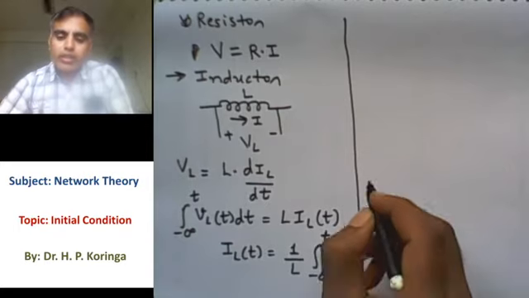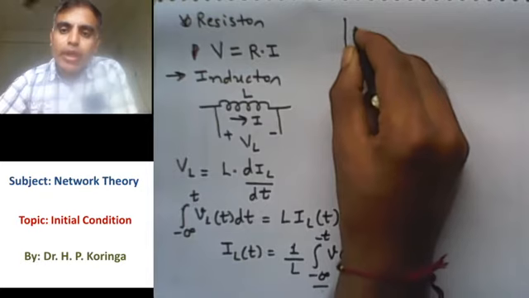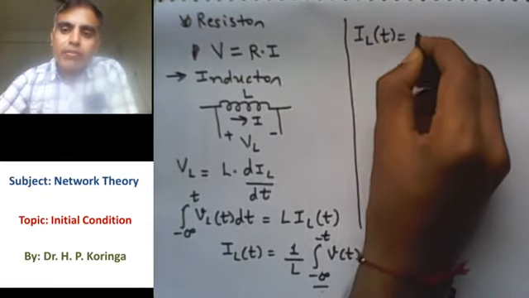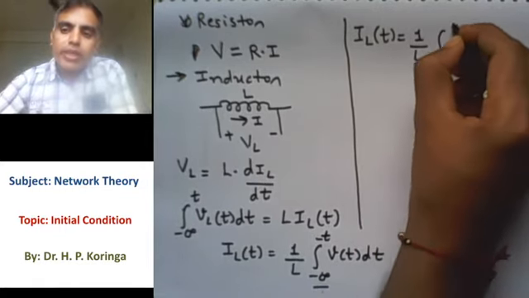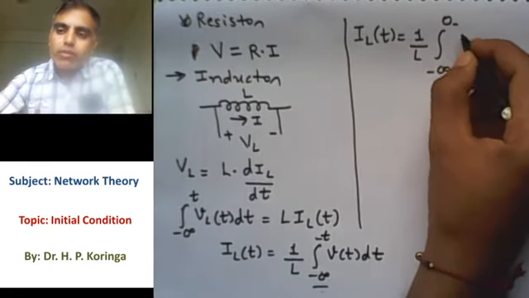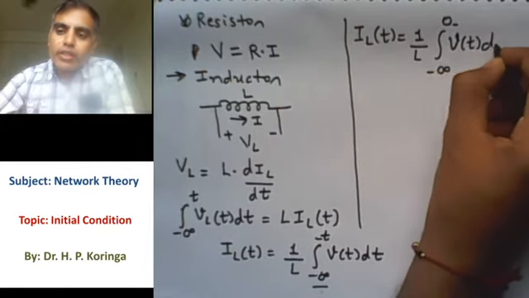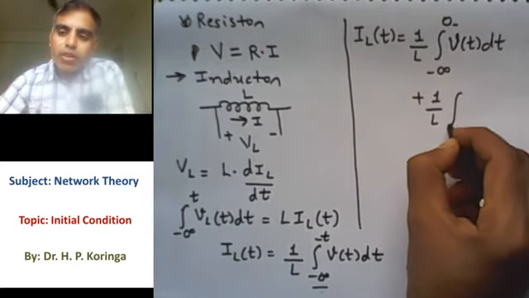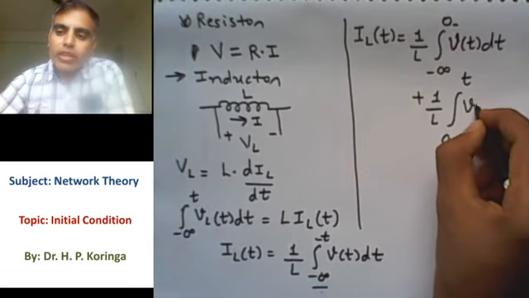So this integration from minus infinity to t can be divided into two parts. The current passing through the inductor at any time t can be found as 1 upon L times the integration from minus infinity to 0 minus of V_L of t dt, plus 1 upon L times the integration from 0 plus to t of V of t dt.